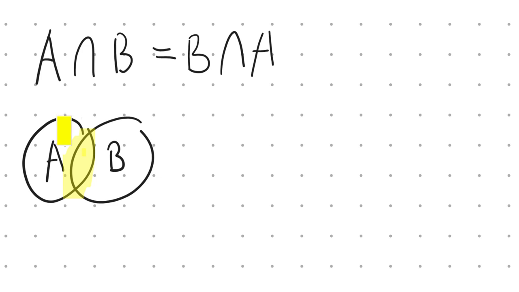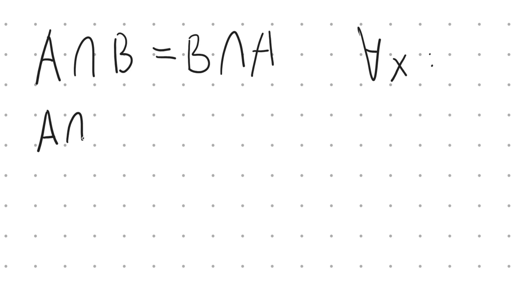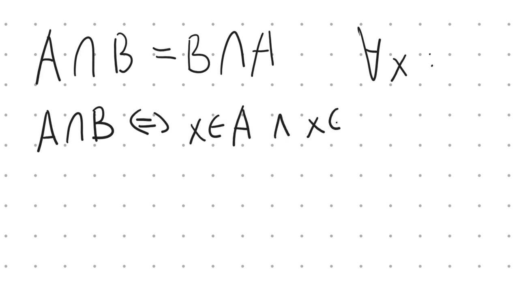So X is in A and X is in B. This is what we have to write. So for X, we can write A intersection with B, which is equivalent to saying that X is in A and X is in B.